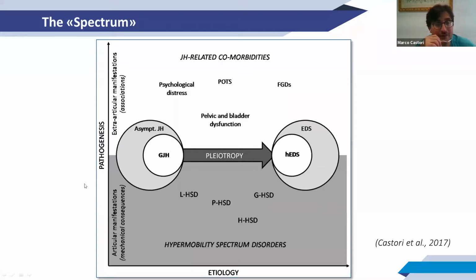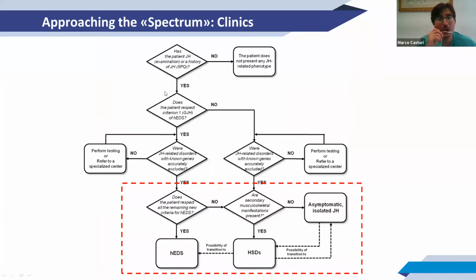The pathogenesis is a real challenge for the future, because in the future, treatment passes through a better understanding of the pathogenesis of the articular and extra-articular manifestations of joint hypermobility. I hope that this flowchart could help you in your practice.